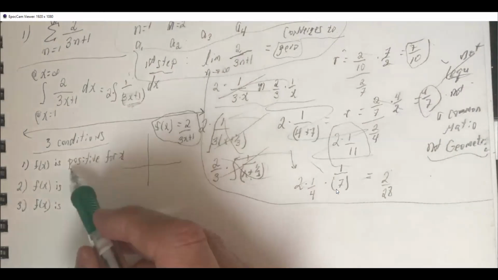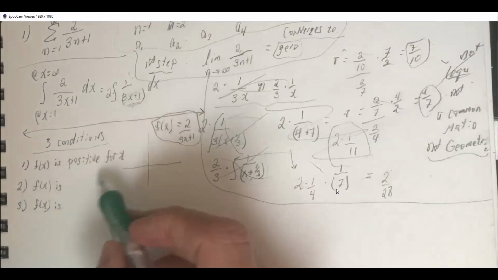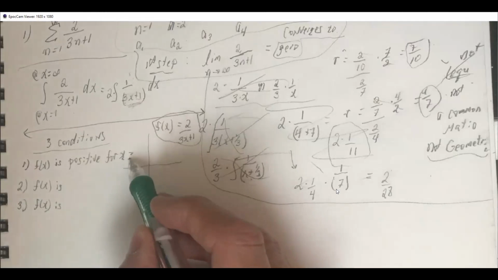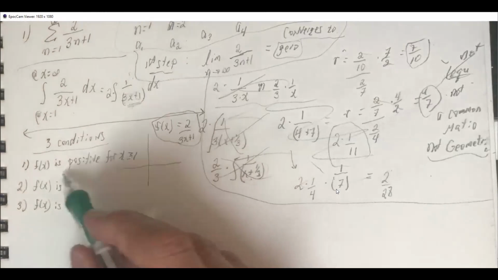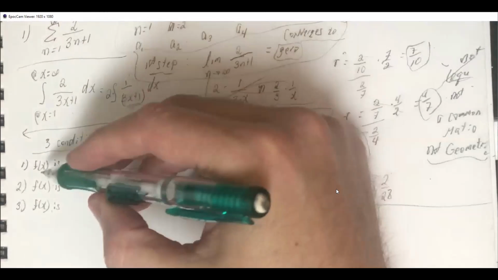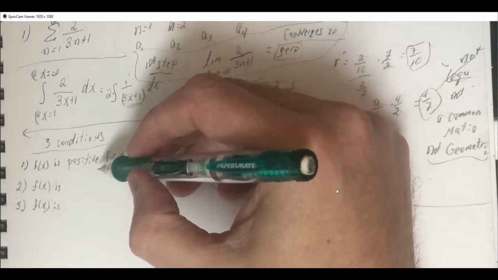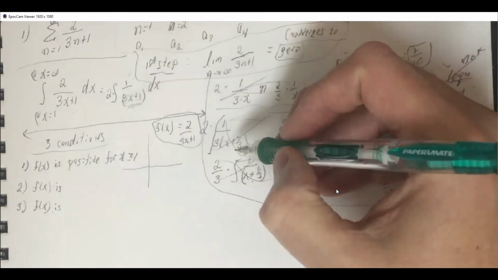Once you are comfortable with it, if all 3 are the same thing, like these were for x greater or equal to 1 on all of them, then instead of writing it separately 3 times, you could say f of x is positive, continuous, and decreasing for all x greater or equal to 1.